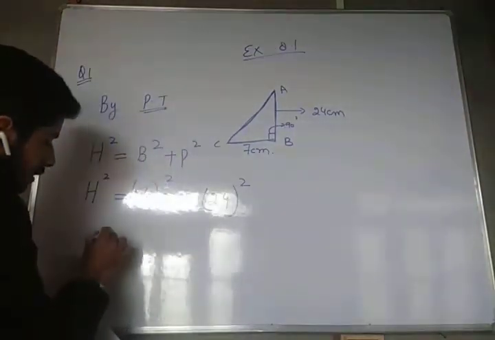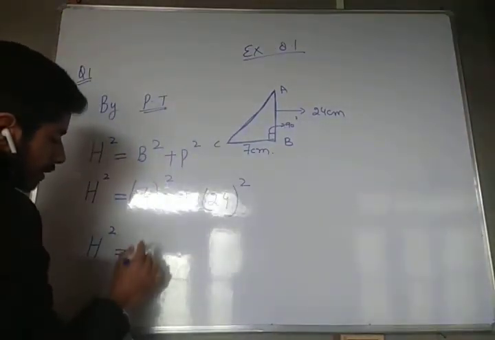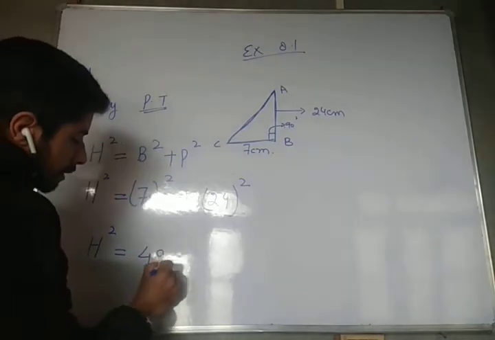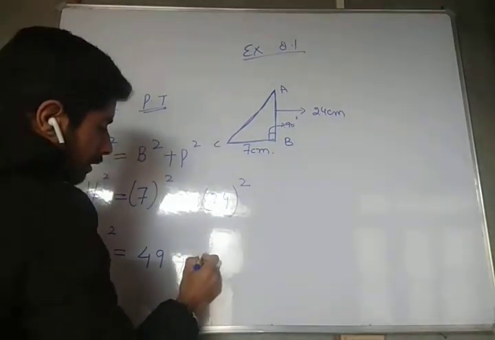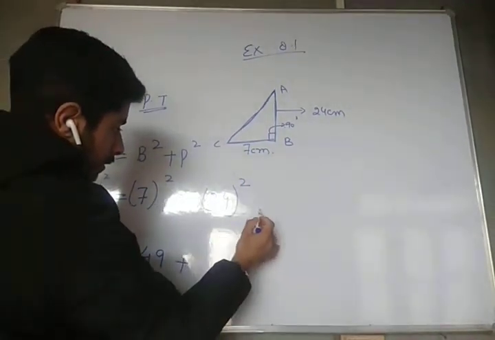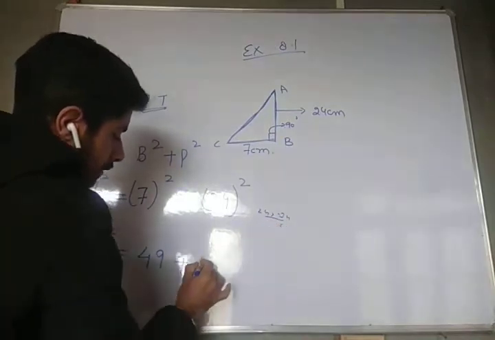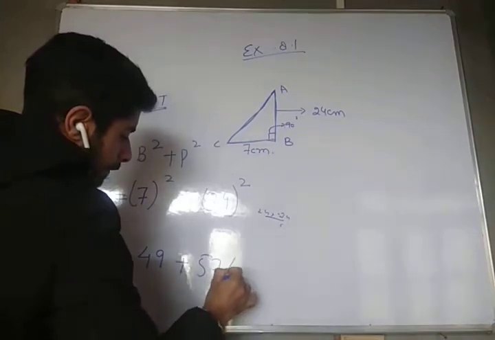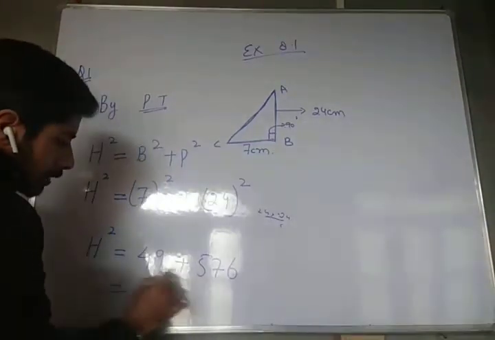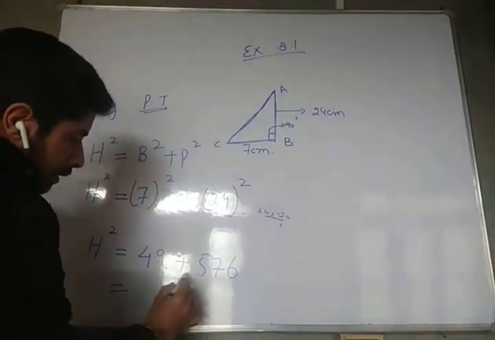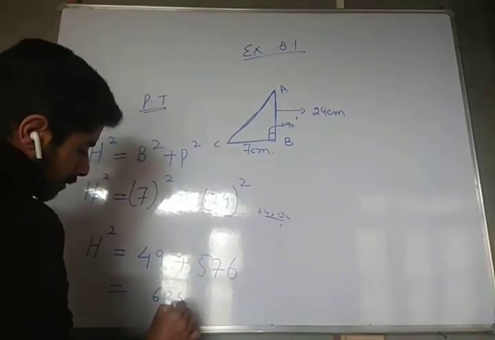Now hypotenuse square is equal to 7 square, which is 49, and this 24 square is 576. Now 49 plus 576 is 625.